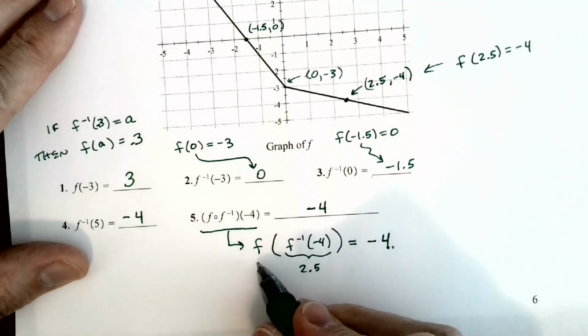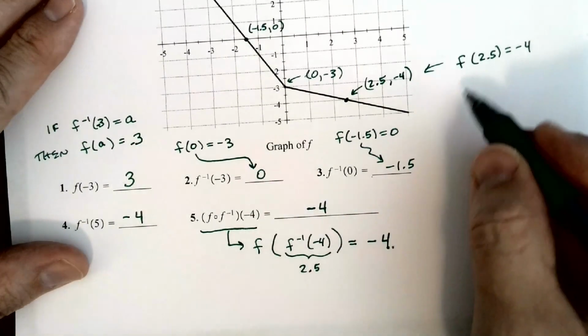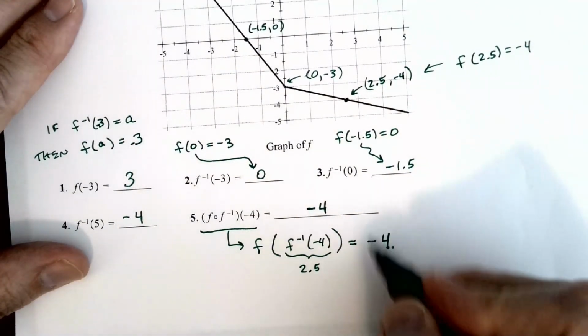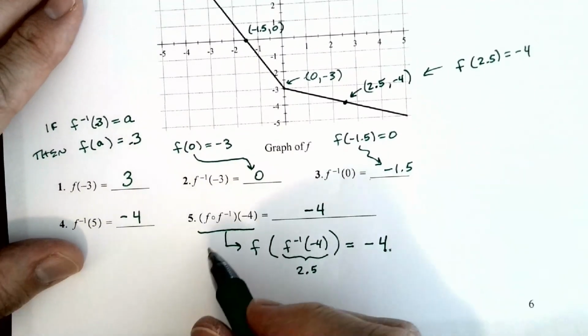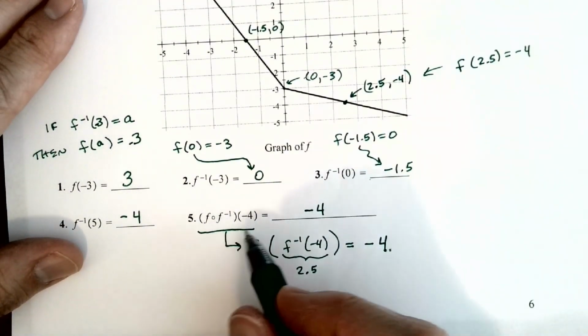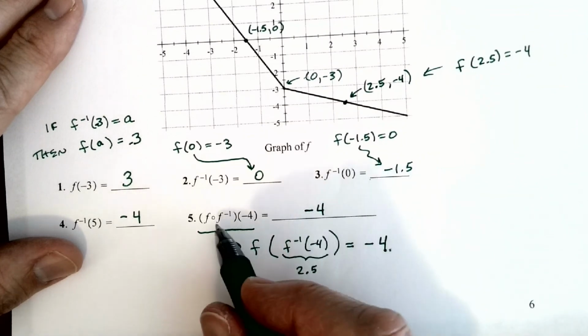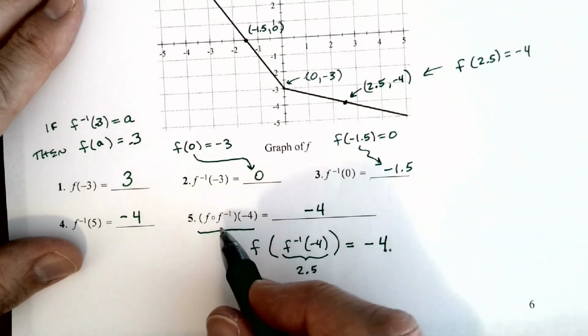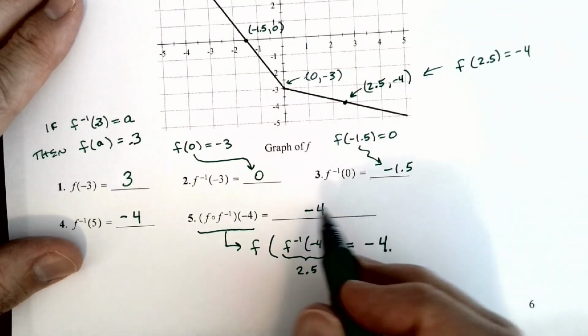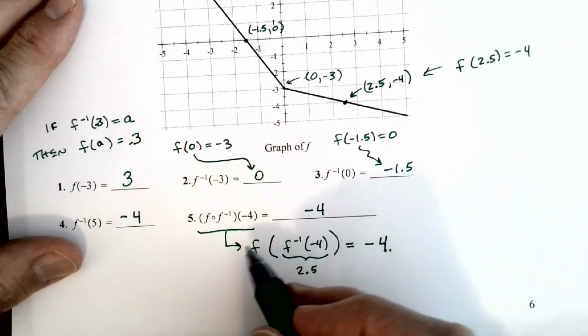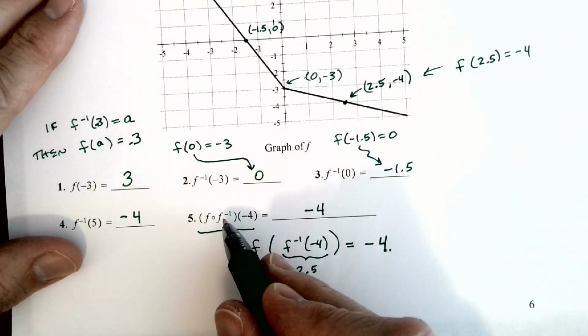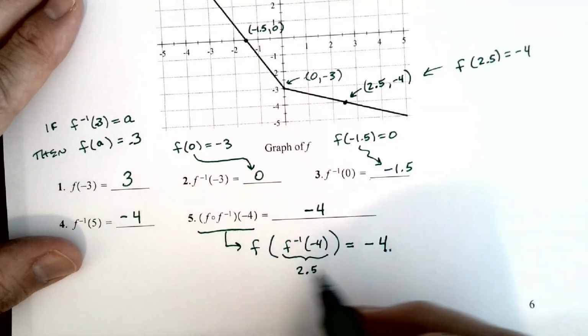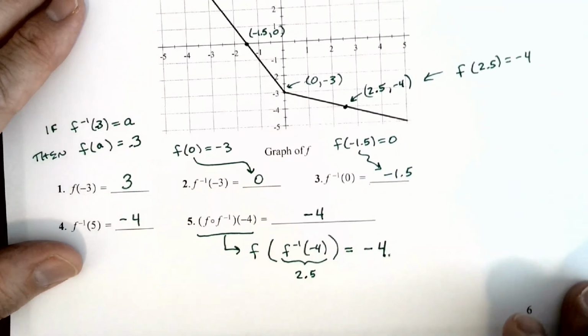But then I'm immediately taking f of 2.5. What is f of 2.5? We just said negative 4. It brings me right back where I started from. And this is going to be the case. This is an important relationship. This is the idea behind how we can solve equations, because basically the function f and f inverse cancel each other out.